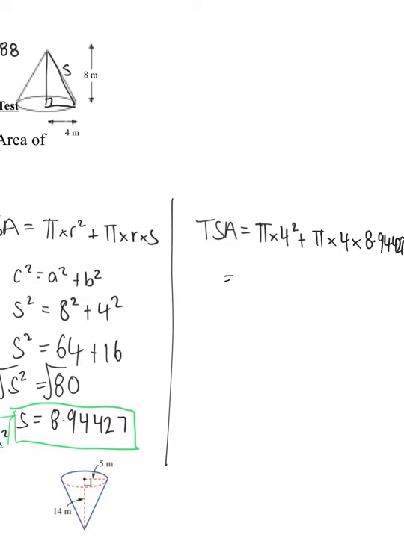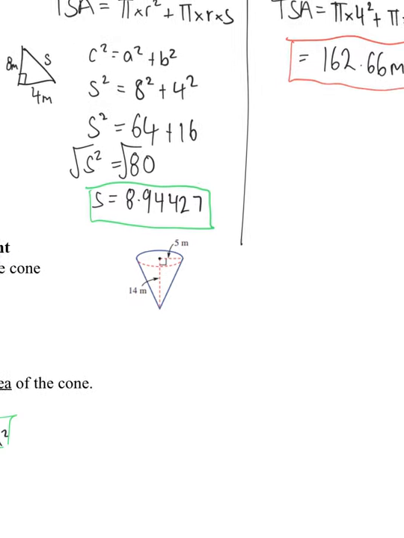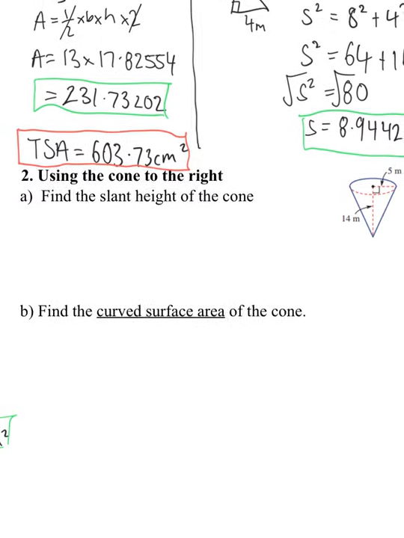Righto, so I get the total surface area of 162.66, and that's meters squared. Do that in red because it's our final answer. Sweet. First 2 questions done. All right, moving on.